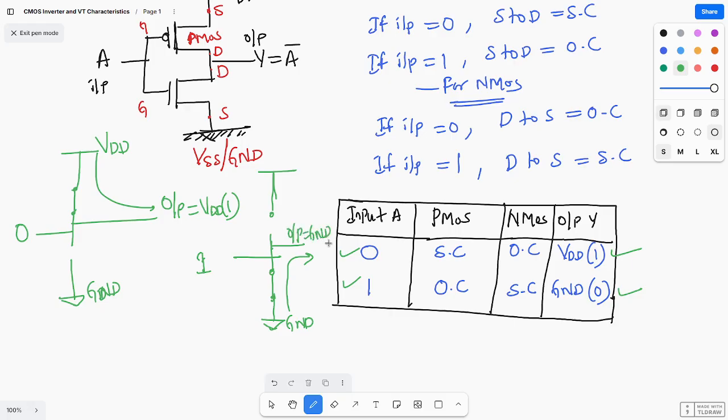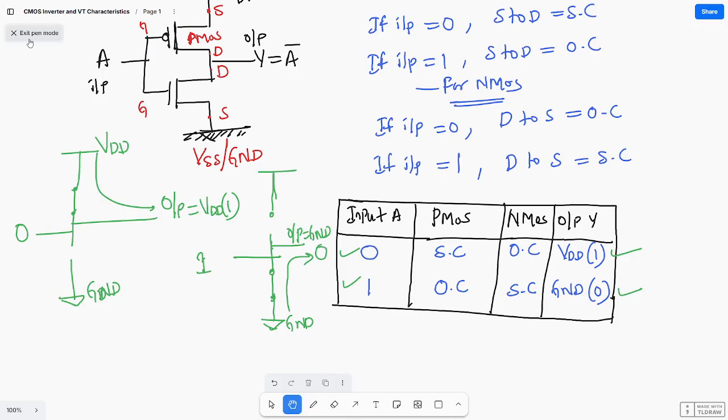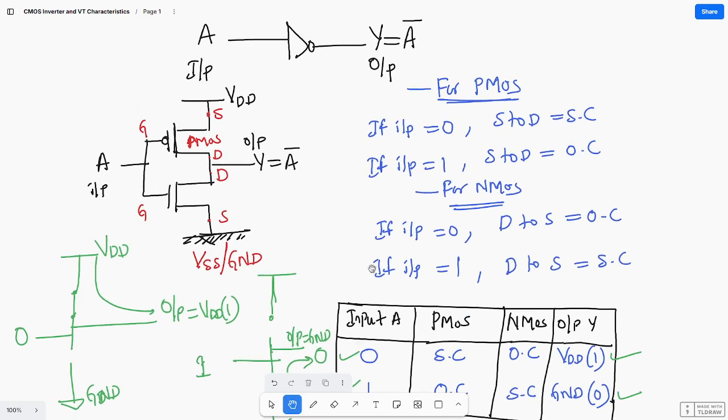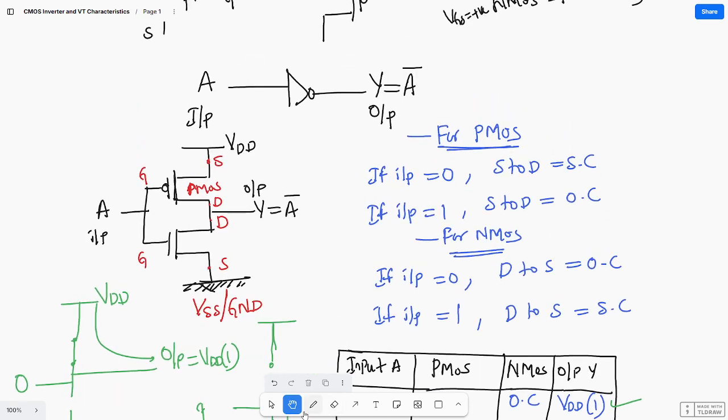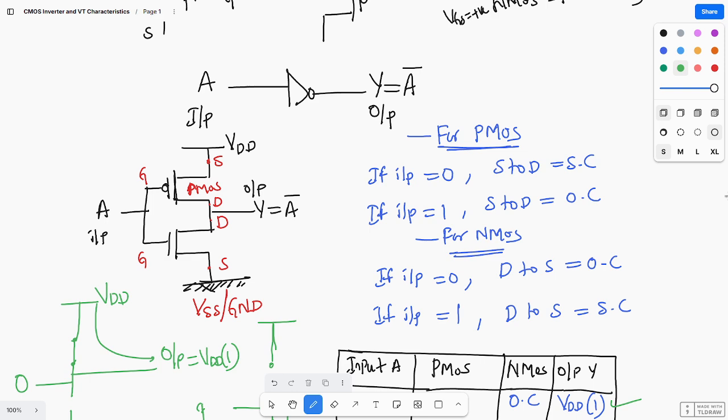So you are getting 0. Okay, it is satisfying the operation of an inverter, no? We already saw this in digital electronics, digital design. That means you are giving 0 and getting 1, and you are giving 1 and getting 0. Okay, so this is the basic operation of the CMOS inverter.